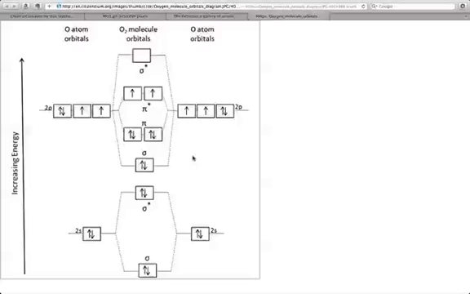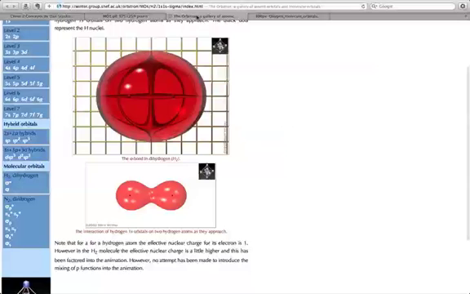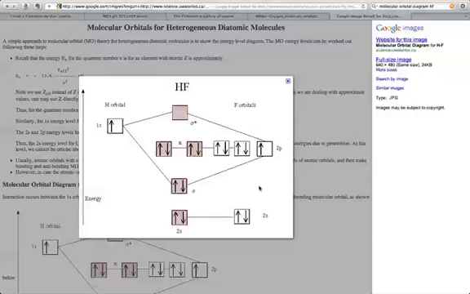The difficulty is that once it gets beyond two or three atoms, it can get quite complex. So for instance, we can take a look at a molecular orbital diagram for something like HF. What we see is that some of the orbitals combine favorably and some of them don't. We have a sigma and a sigma star that forms from the 1s orbital and the 2p orbital.